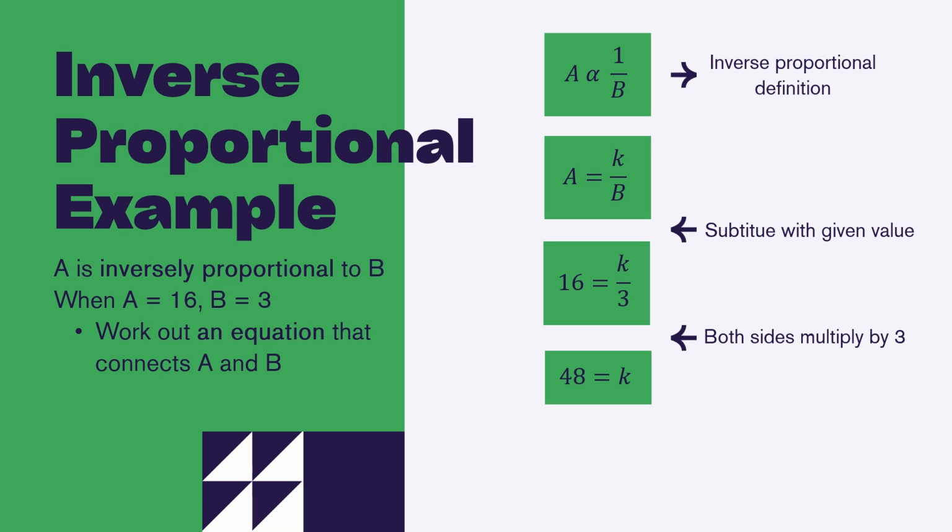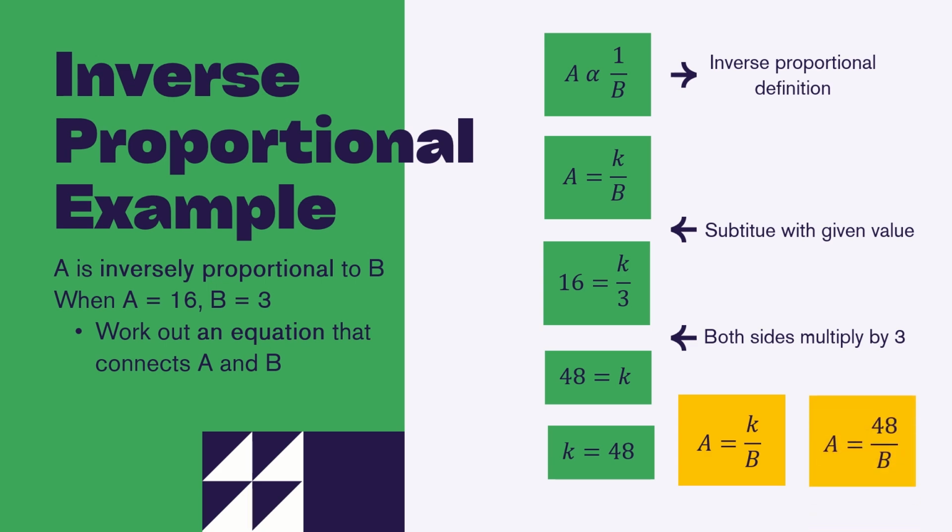And k per 3 times 3 is k. Now we go back to this step here and write this out one more time, but replace the k with 48. So A is equal to 48 over B.